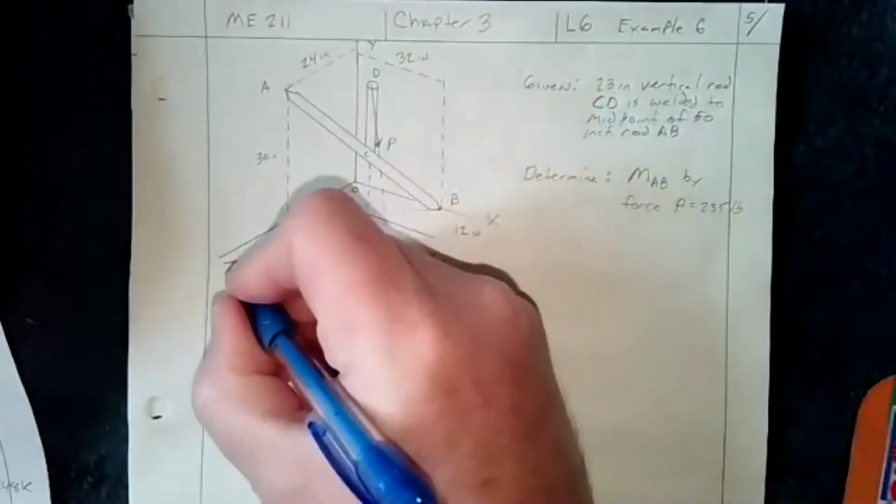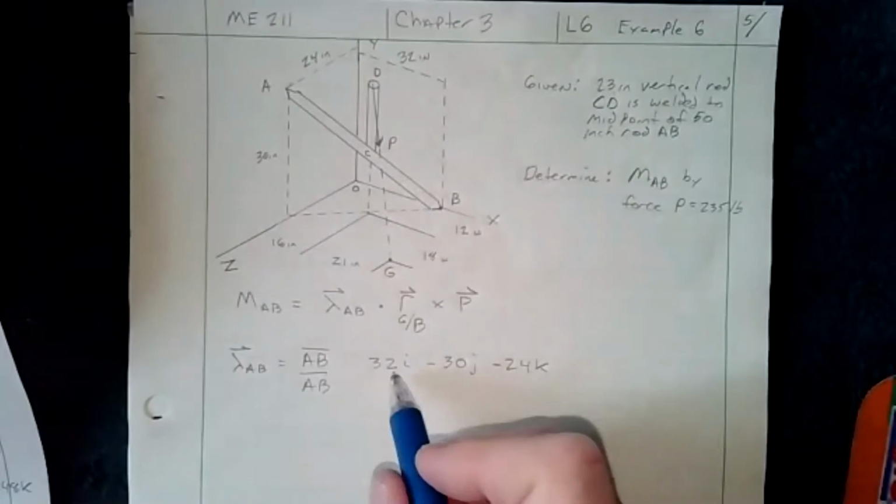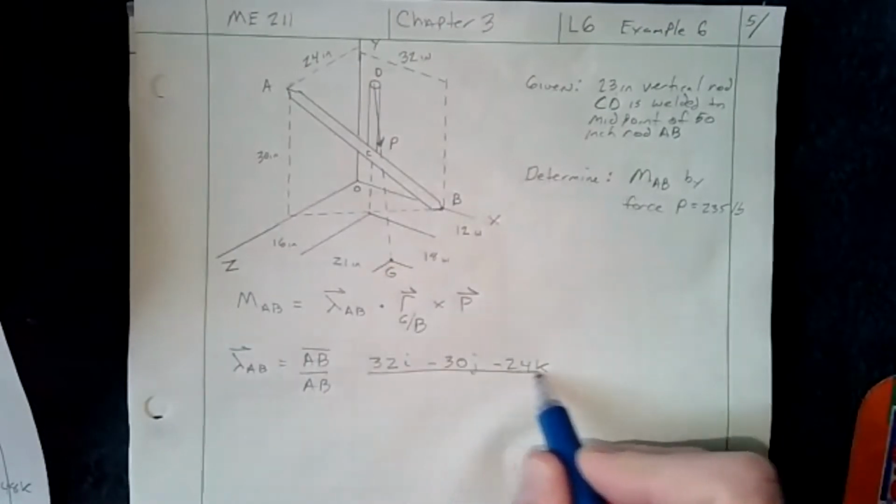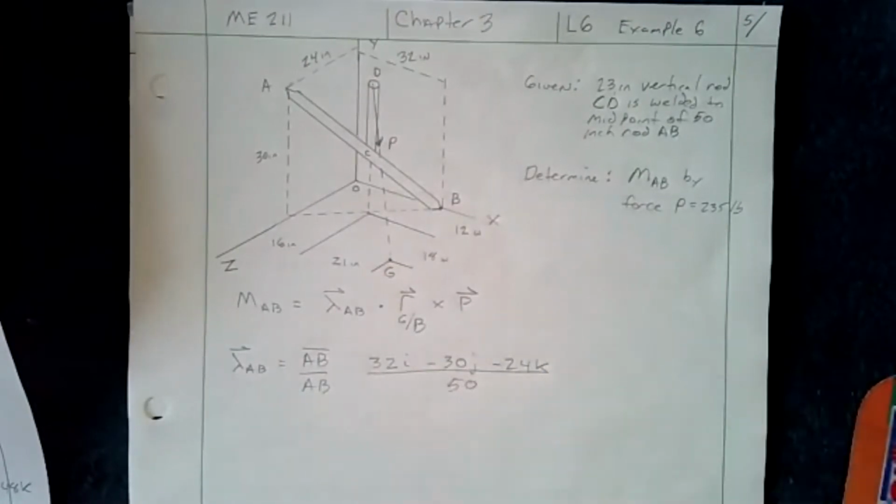Let me label my axes. The magnitude of that actually turns out to be 50.